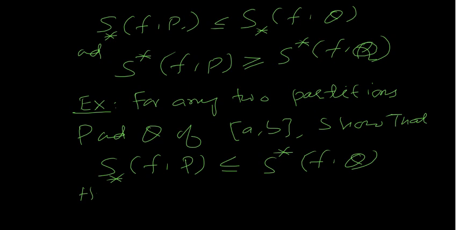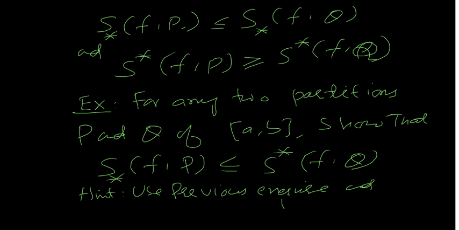Hint: use the previous exercise and choose P dash, which is equal to P union Q, the common refinement of P and Q. This is the hint for this exercise. This common refinement, obviously it's a refinement of P and Q because it contains P as well as Q. That's why it's called the common refinement of P and Q.